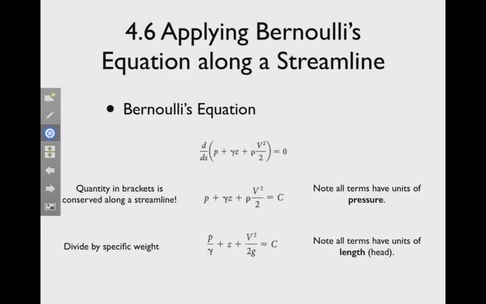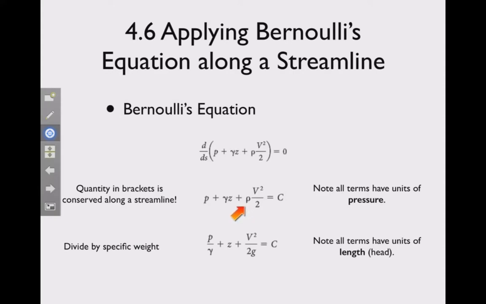And as before, we can differentiate this, and we will see that the left-hand side is basically equal to a constant. This is the same sort of situation that we had before when we were dealing with piezometric pressure and piezometric head. So if this is equal to a constant, then anywhere in the fluid, this quantity, the pressure plus gamma z plus the kinetic pressure, basically the piezometric pressure plus the kinetic pressure, is going to have to be conserved.